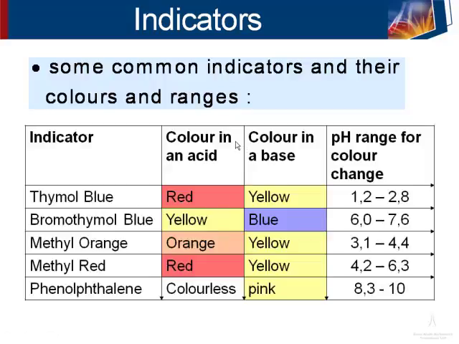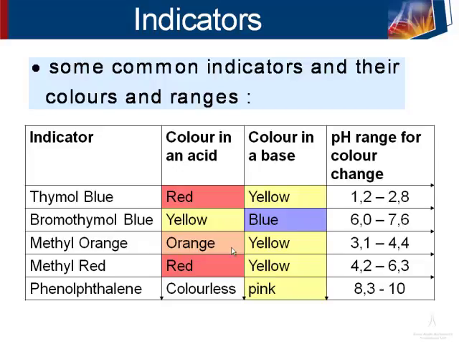Here's the list. We have thymol blue, bromothymol blue, methyl orange, methyl red, and phenolphthalein. Thymol blue is red in an acid and yellow in a base, and the pH range for its color change is between 1.2 and 2.8. Bromothymol blue, which is very common, is yellow in an acid, blue in a base, and that's the pH range.